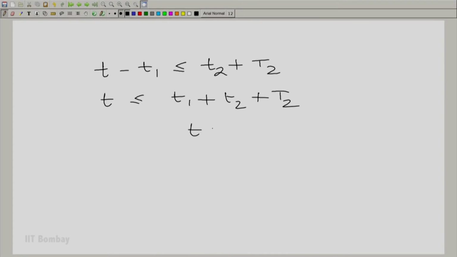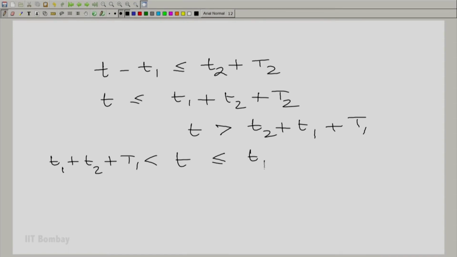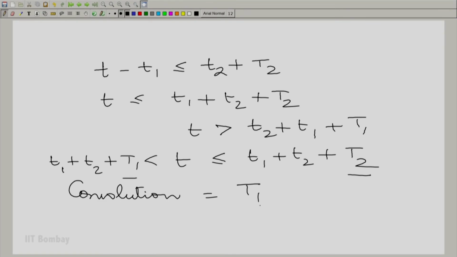Of course, T, as I said, is greater than T2 plus T1 plus capital T1. So, we have the region T between T1 plus T2 plus capital T1 and T1 plus T2 plus capital T2. Naturally, since T2 is greater than T1, this inequality makes sense. And in this region, the convolution is simply equal to capital T1.